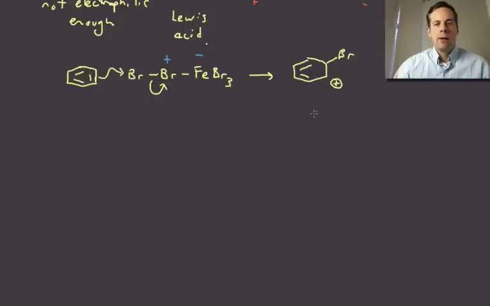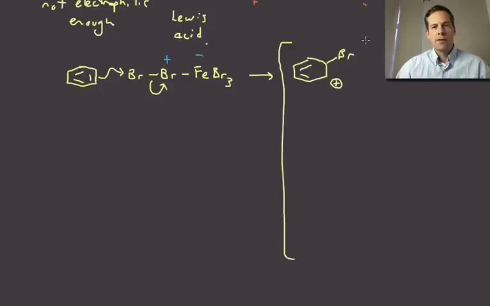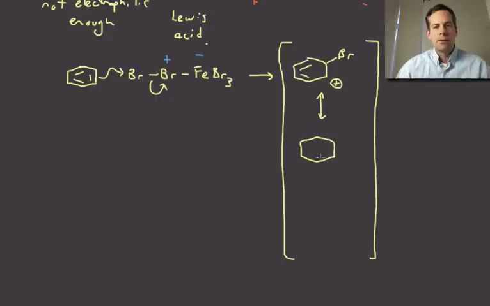Let's remind ourselves that this intermediate is really quite stable, and it's stable because it has a number of equal resonance forms that we could draw. For example, we could draw this resonance form where we place the cation at this position, if we were pushing the electrons like that.